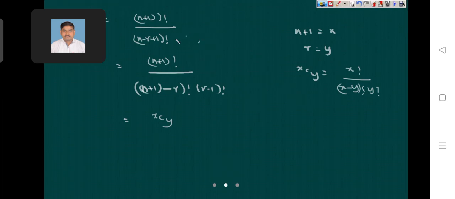So this is xCy: x factorial by x minus y factorial into y factorial. So x means n plus 1, n plus 1 C r. Therefore finally you can conclude nCr plus nC(r minus 1) is equal to (n plus 1)Cr.